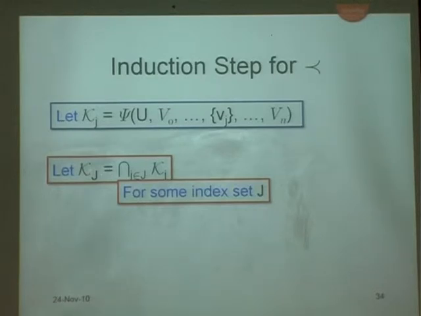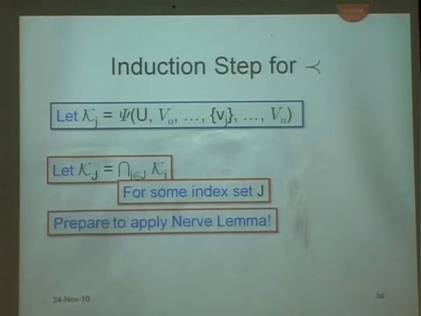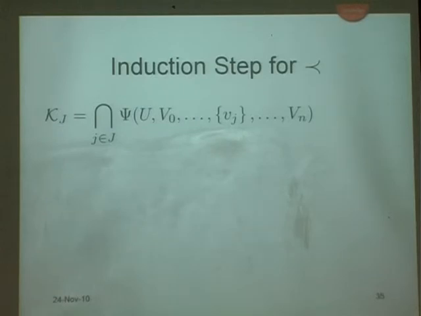Then we take their intersections over some arbitrary index set J and ask about the connectivity there. But we already know that taking intersections of pseudospheres gives a pseudosphere. It's still a pseudosphere. And then we'll reason about the connectivity of this and then apply the nerve lemma.